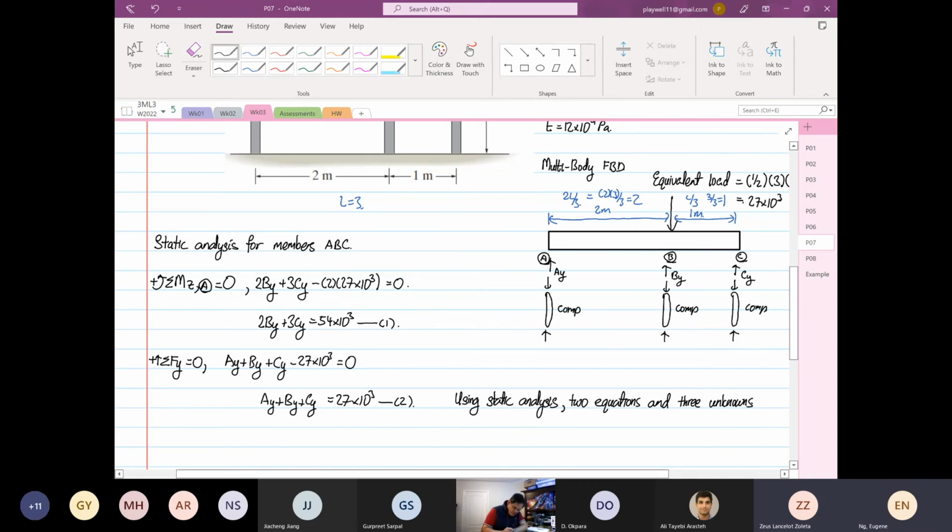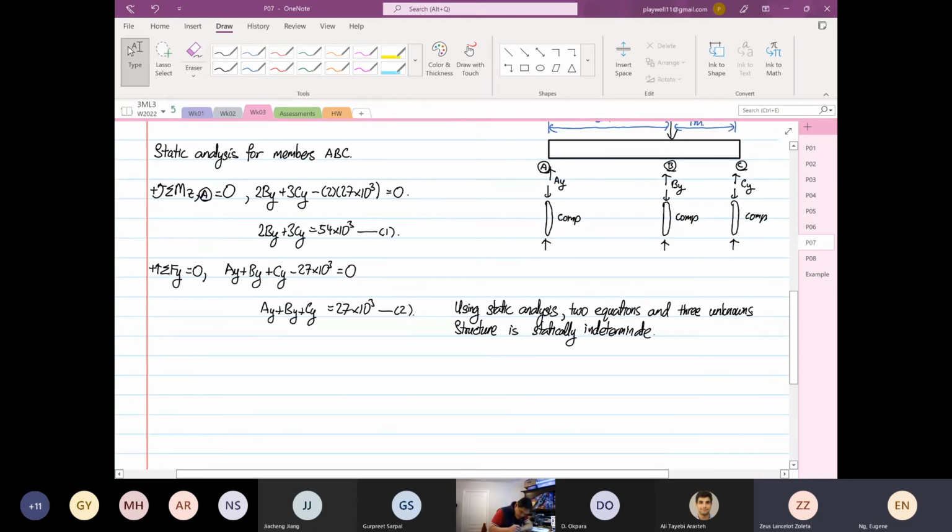Okay, so this is where the structure is statically indeterminate. Okay. So the next thing that we do, we are going to look at elastic analysis.